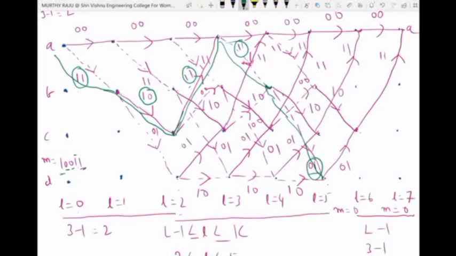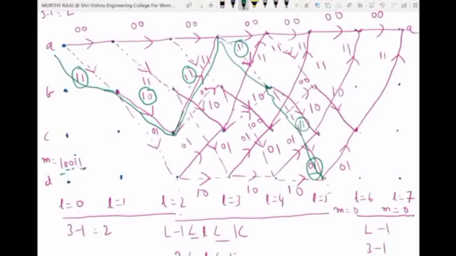Here you are in B state. Input bit is 1. Last one means solid lines. That is 0 1. B to C and B to T: B to T here is 1 1.